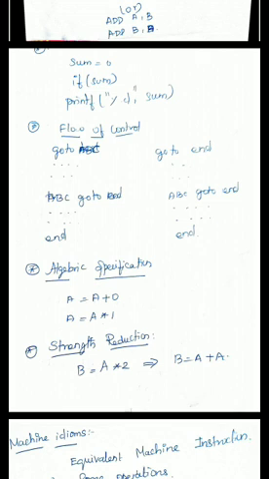And the next one is strength reduction. Strength reduction is used to reduce the strength by replacing a higher-cost expression with a lower-cost expression. For example, b equal to a star 2 can be written as b equal to 2a, or as b equal to a plus a, which directly gives 2a.